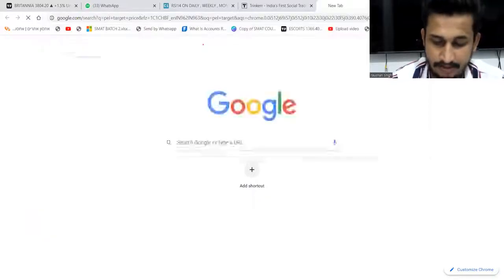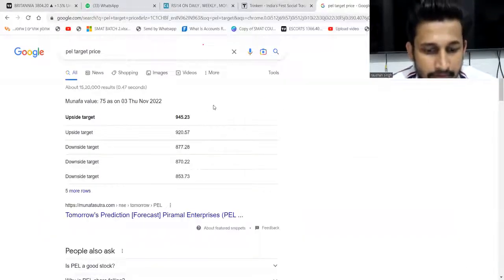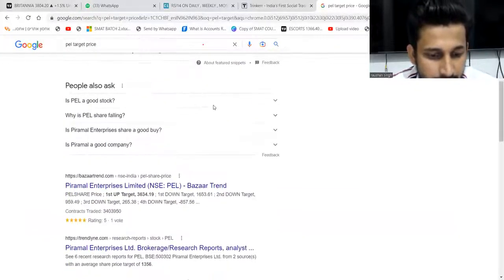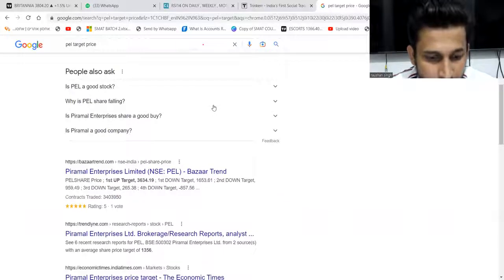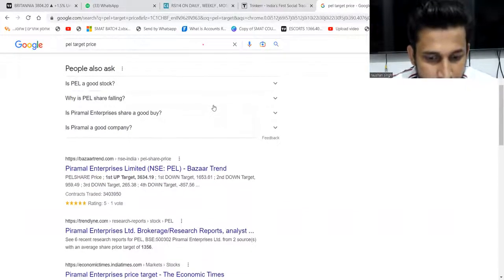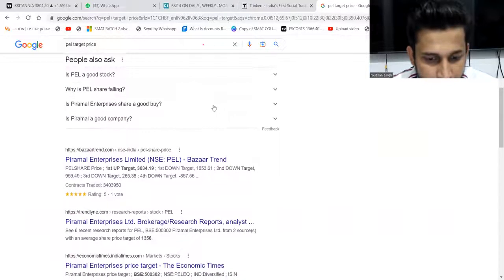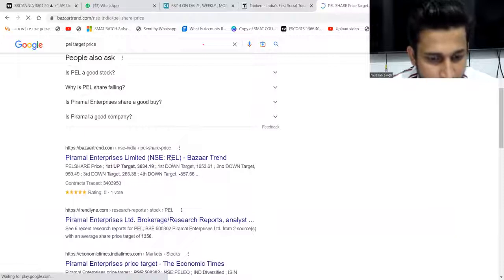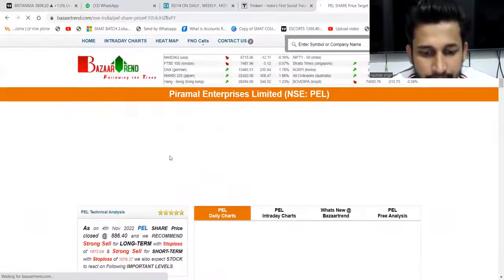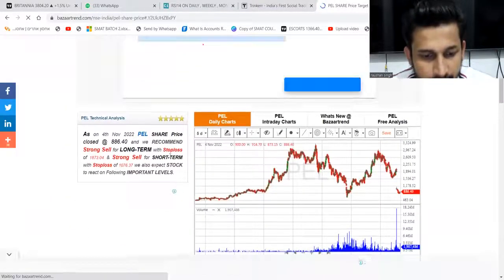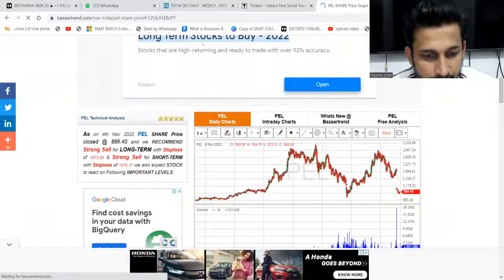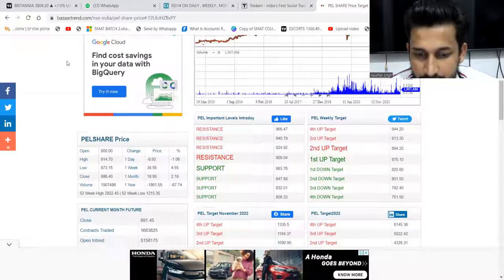Target price. I don't know what it is saying.